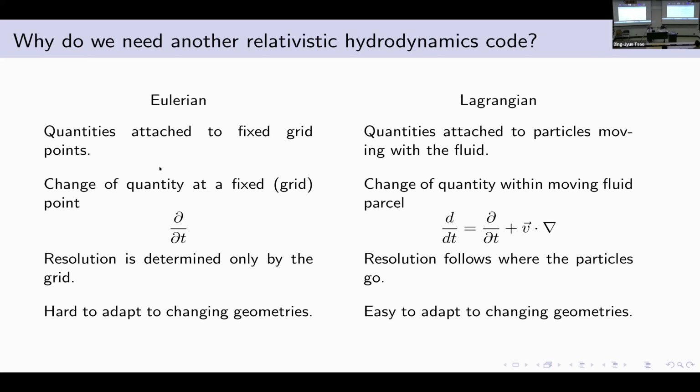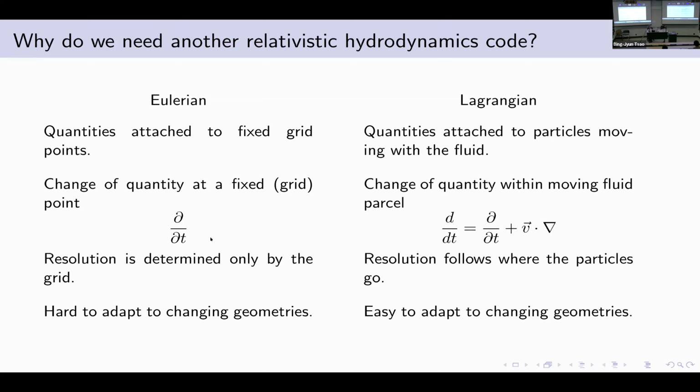That means that in Eulerian codes, you have the changes of quantities at a fixed grid point, so you just have partial derivatives of your fluid variables. In Lagrangian codes, you have change of quantity within the moving fluid parcel, so we have a Lagrangian derivative here.